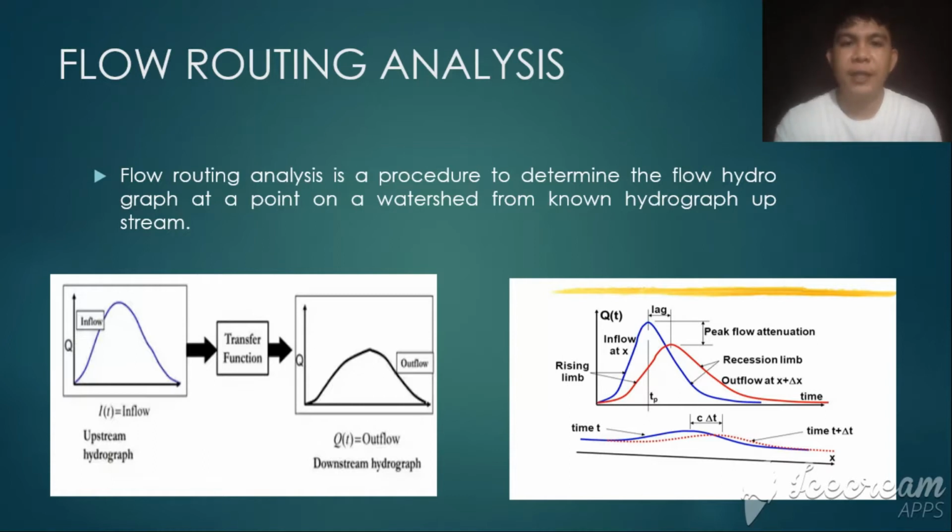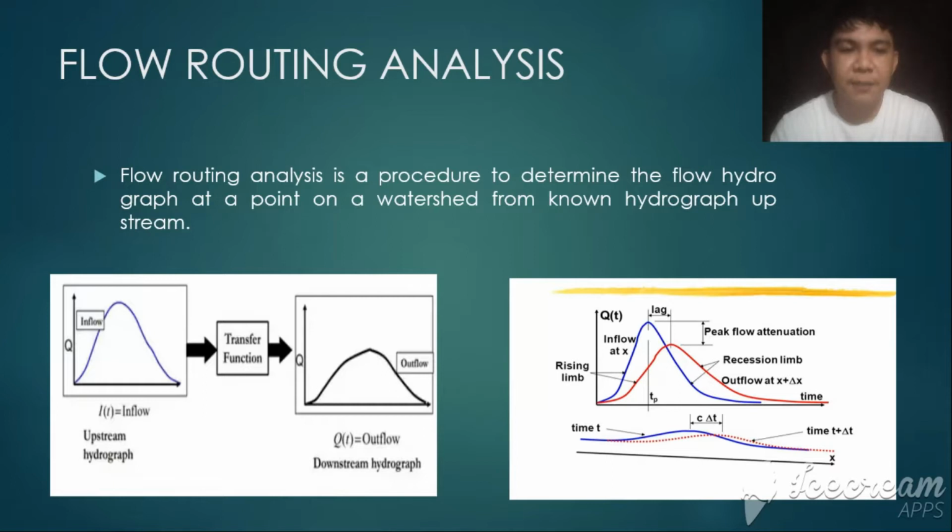So, flow routing analysis. Flow routing analysis is a procedure to determine the flow hydrograph at a point on a watershed from a known hydrograph upstream. In the picture, you can see an upstream hydrograph and a downstream hydrograph.